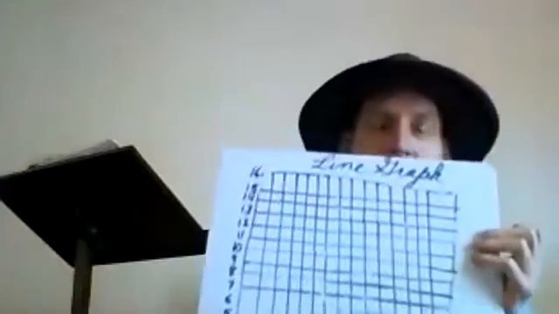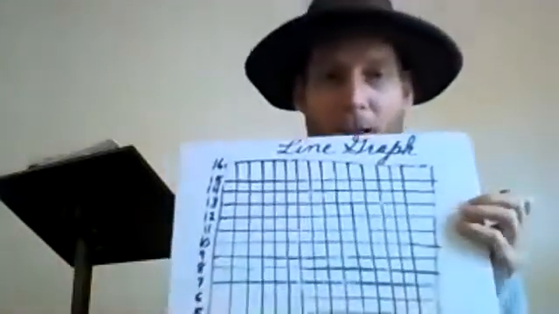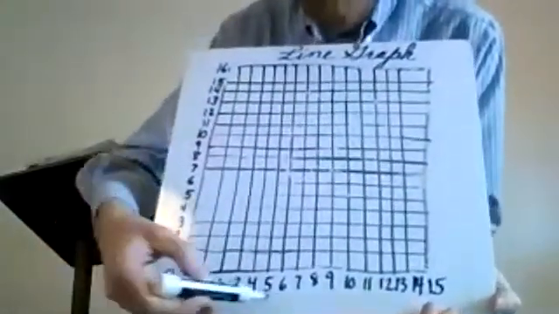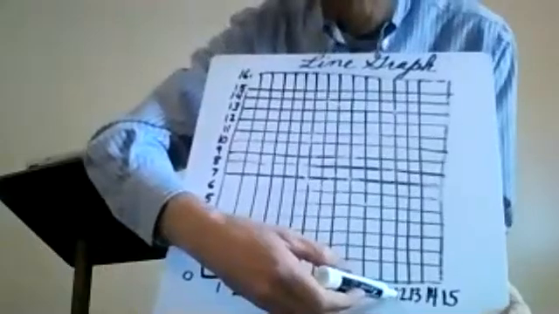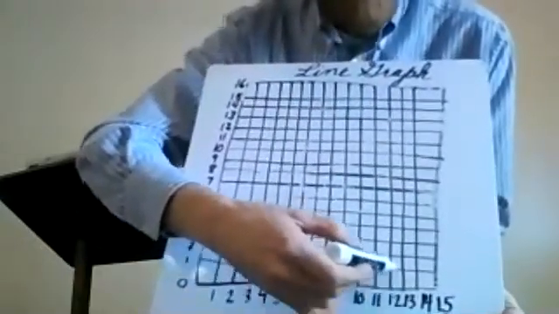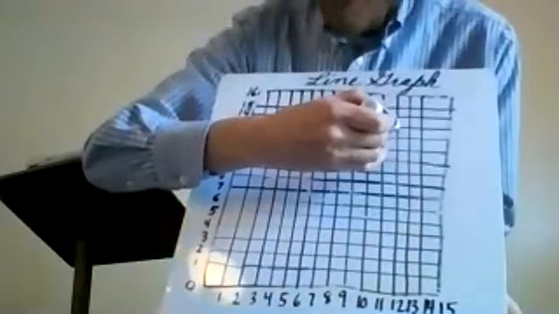So let me see so you can see it better. Okay, so if I went over 12 and up to 13, let's say 12 and then up 13, that lines up with 13.